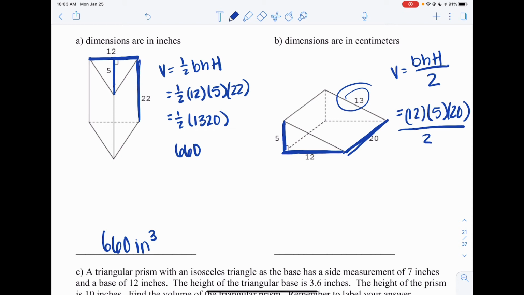Now my next step is just to multiply, which is 12 times 5 times 20, which is equal to 1,200. I'm still bringing down that division of 2. And my last step is just to divide that 1,200 by 2, which is equal to 600. And my final answer is 600 cubic centimeters.